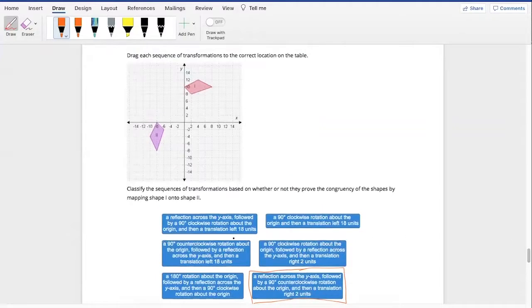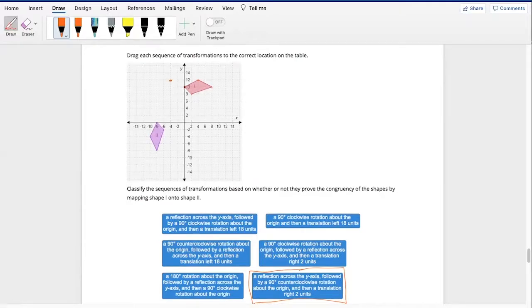We're going to start with shape 1 and do a reflection across the y-axis. So I'm taking this shape, reflecting it. Again, the corners, those vertices, are very important. They help you. So I can look and see this one is, if I'm using my scale, 4 over, so it's going to be 4 over to the left there.